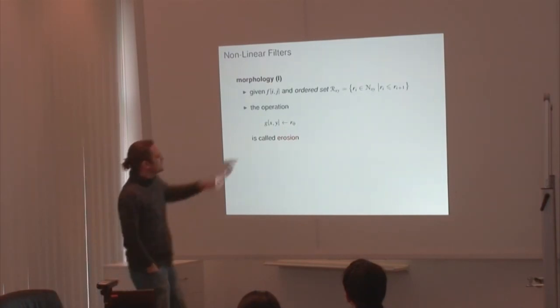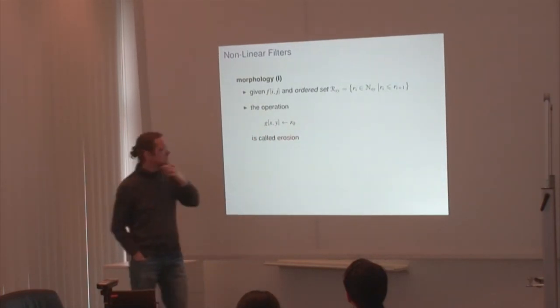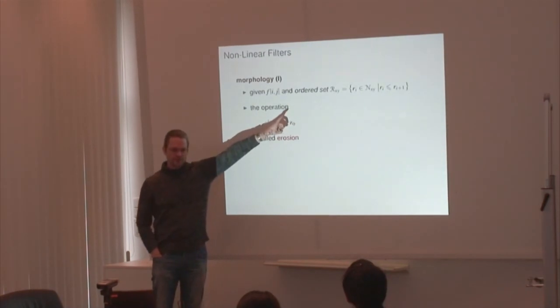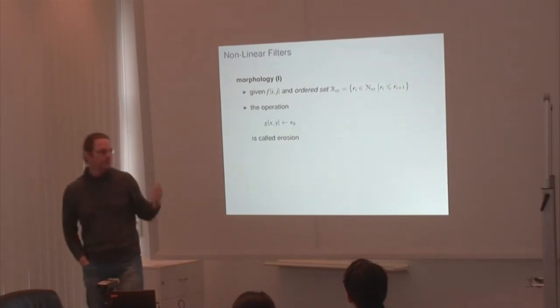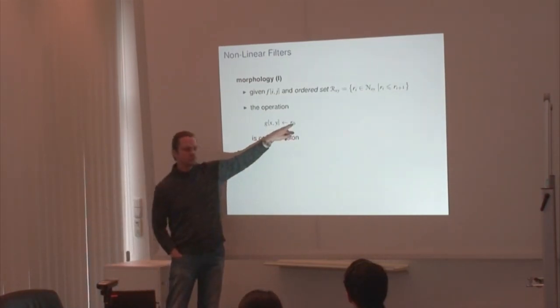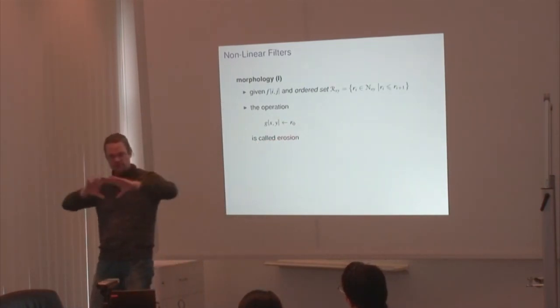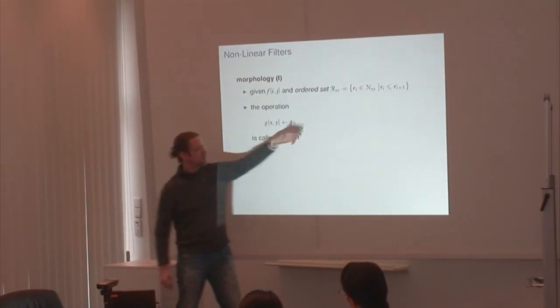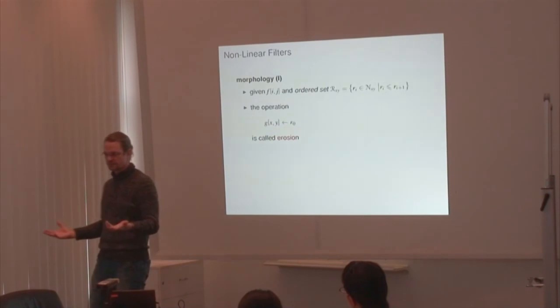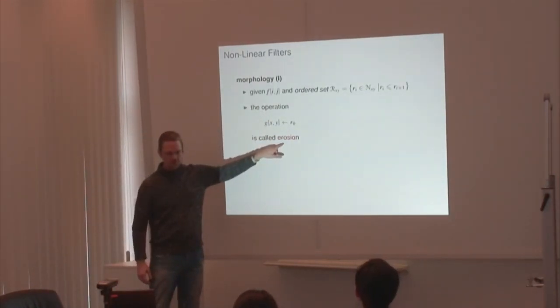And we are then considering the operation where in the new image we set the pixel at x and y to the smallest value in the ordered set. When we talked about median filtering, we had this (r^2 minus 1) divided by 2 here, which was the center pixel in the ordered set of pixels. Here, we're actually interested in the smallest pixel, that is the leftmost pixel in this ordered set. If we do this, this operation is called erosion.